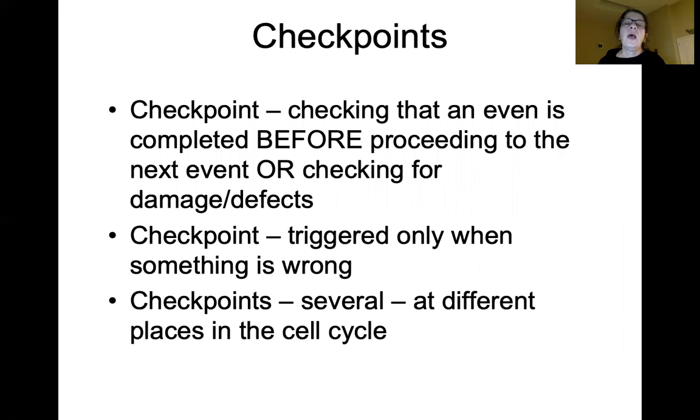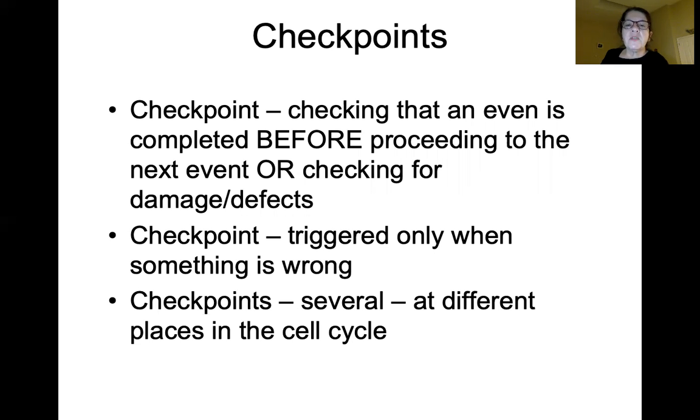So a little bit more about checkpoints. What are checkpoints? Checkpoints really are points where the cell will check that an event is completed before it proceeds to the next event. We want to make sure DNA replication is complete before we enter mitosis, right? It also sometimes checks whether there's any kind of damage and defects. Is everything okay? Everything that's supposed to happen, is it happening the way it's supposed to happen?